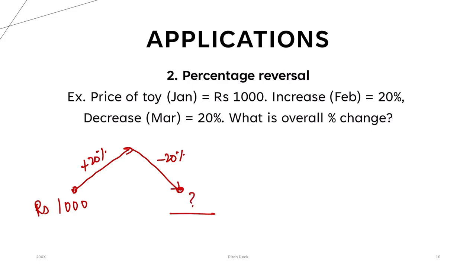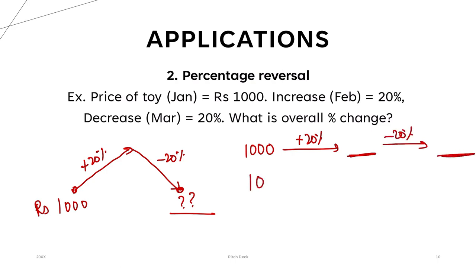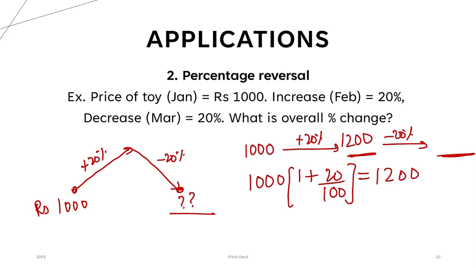We will see. So 1000, it has increased by 20%, some value, decreased by 20%, some value, right? So in the first month it has increased. So 1 plus 20 by 100, it will give you 1200 rupees. So 1200 is the value after 1 month. Now 1200, 1 minus 20 by 100.